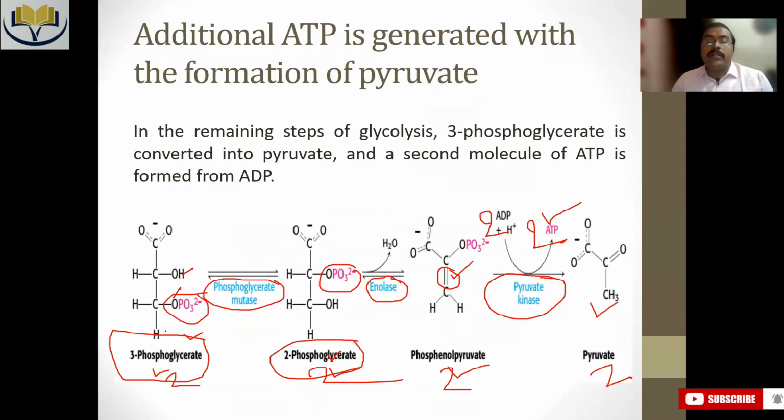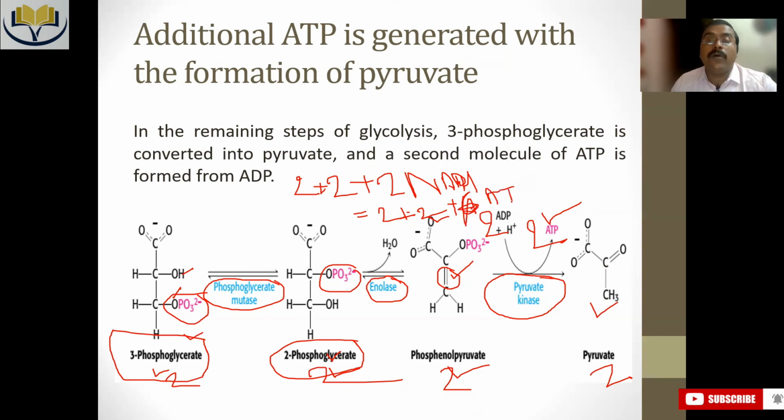Before concluding the class, let us calculate the total amount of energy produced by this glycolysis pathway. The energy produced is 2 ATP plus 2 ATP plus 2 NADH. 2 ATP are produced, followed by 2 ATP, followed by 6 equivalent ATP that directly come from NADH.